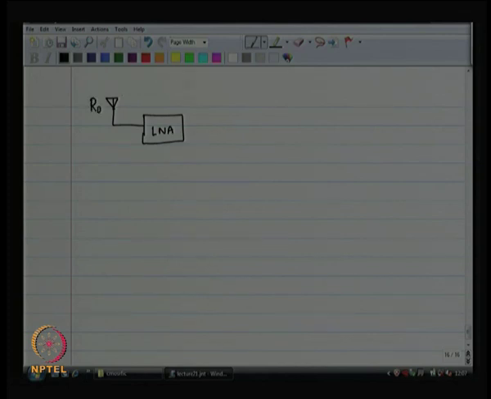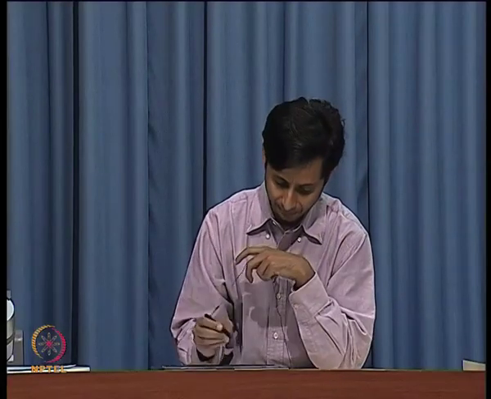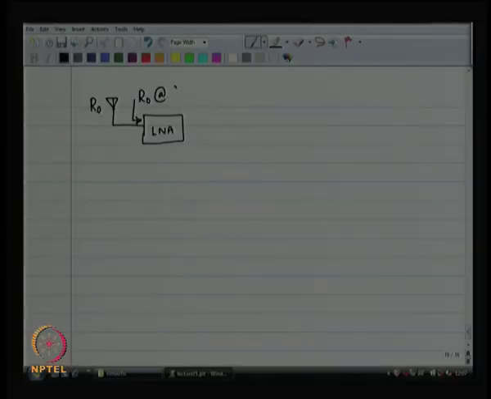All right. I want the input impedance of the low noise amplifier to be equal to R0 at the chosen frequency, where the low noise amplifier is going to operate. How can I do this?